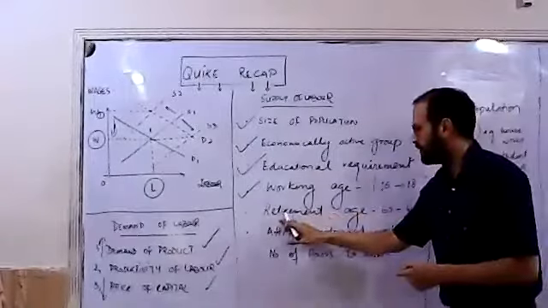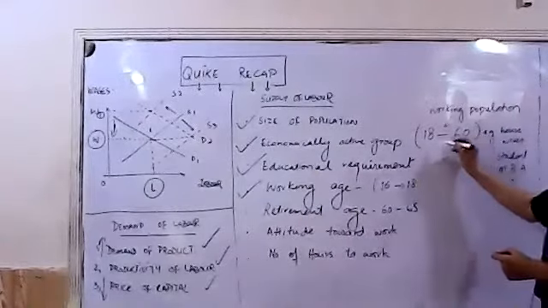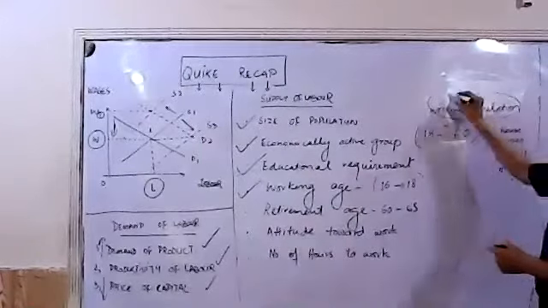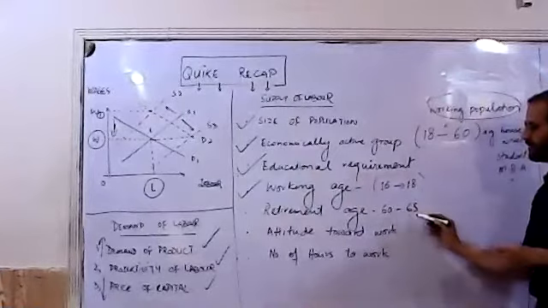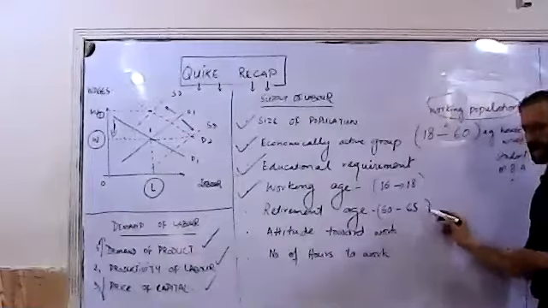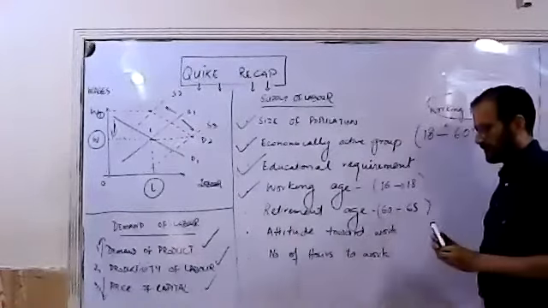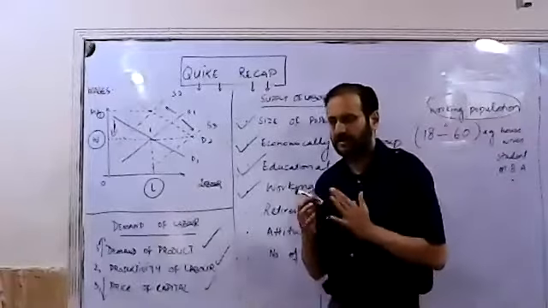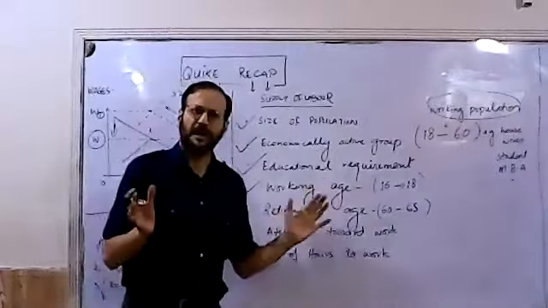Same goes with the retirement age. When we are retiring from the working population age group, it means if we increase the limit of the retirement age, like I'm putting here as 60 to 65. You should be learning this: in Pakistan, what is the working retirement age? Anybody?